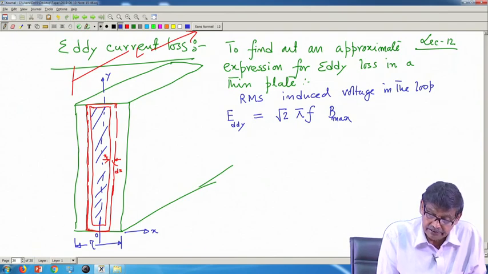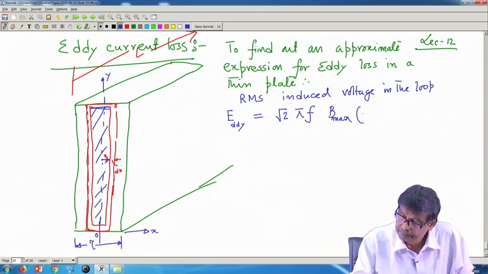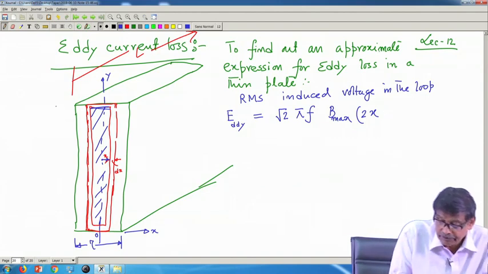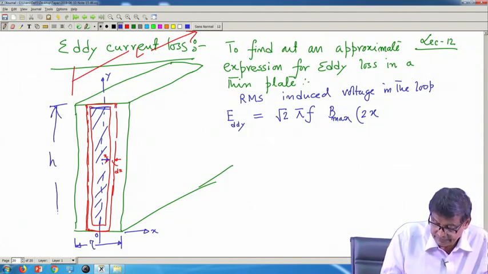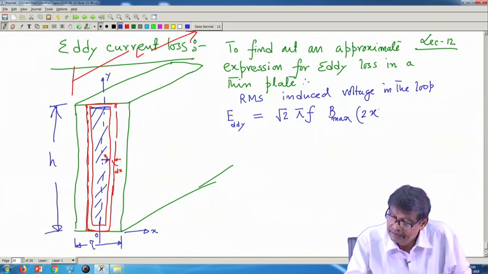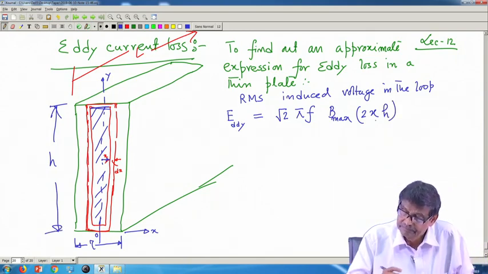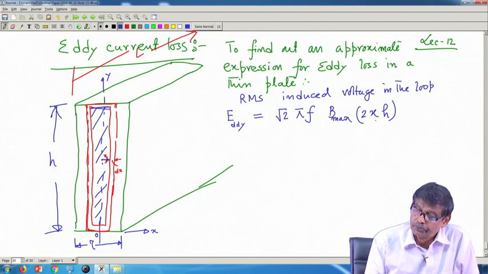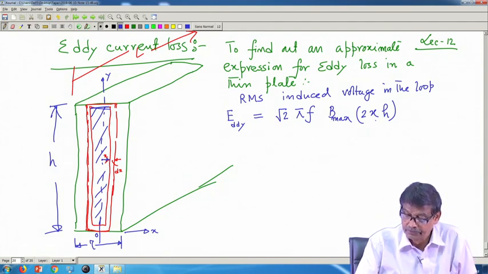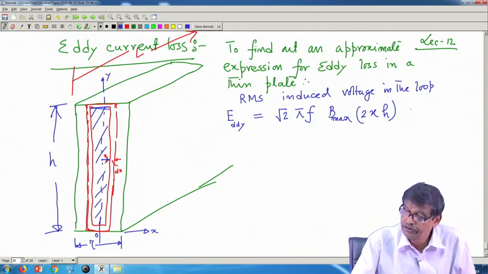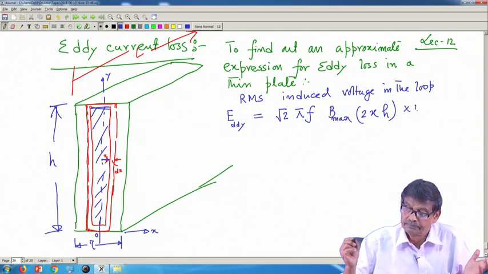This is 2x, at a distance x I have taken. So, 2x into, suppose this is the height, I just call it h here, into h. So, root 2 pi f B max into 2x into h, it is phi max into number of turns, that is 1.